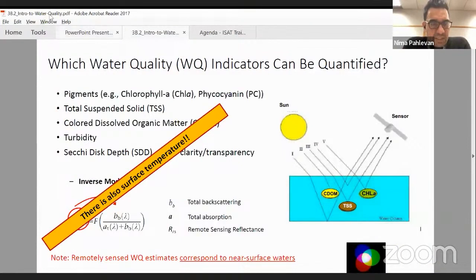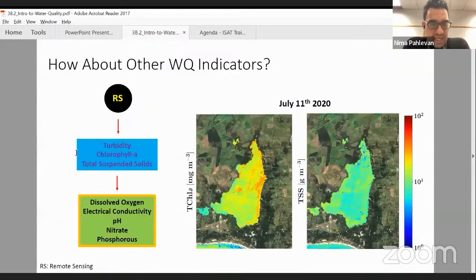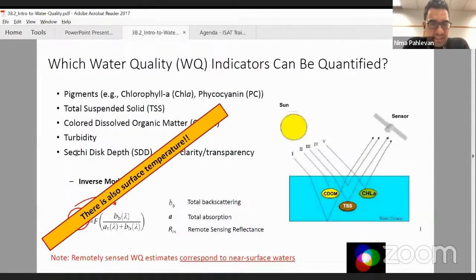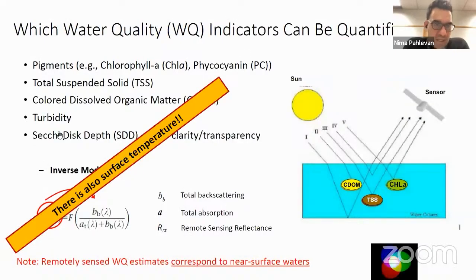So the inverse modeling here is what you see under that block of orange rectangular. It's RRS that you can't see, but really the gist of this lower portion of the slide is that the goal is to estimate particulate backscattering and absorption from RRS, and this RRS really is a function of backscattering and absorption.